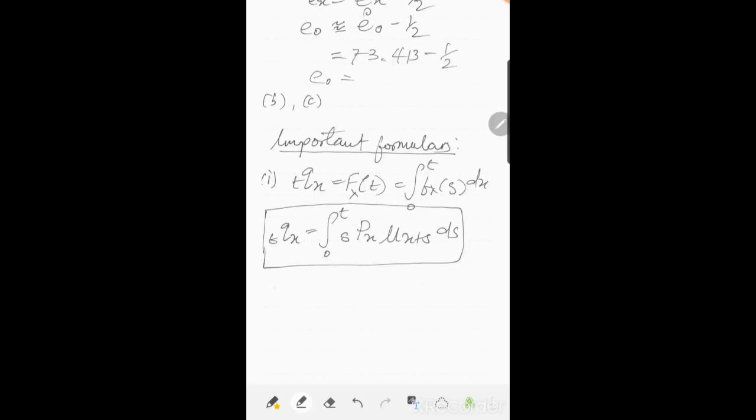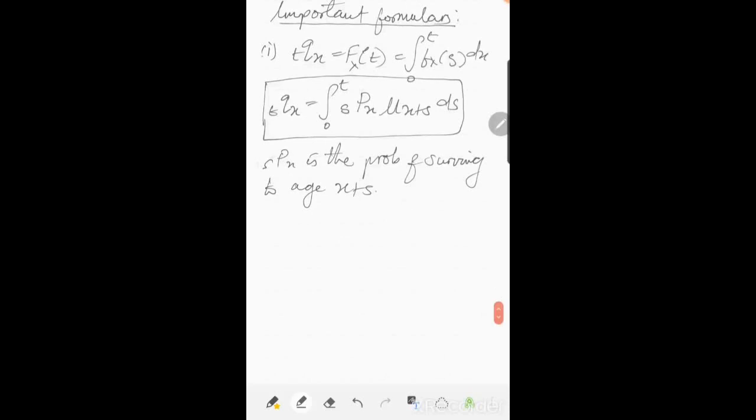In this formula, sPx is the probability of surviving to age x plus s.